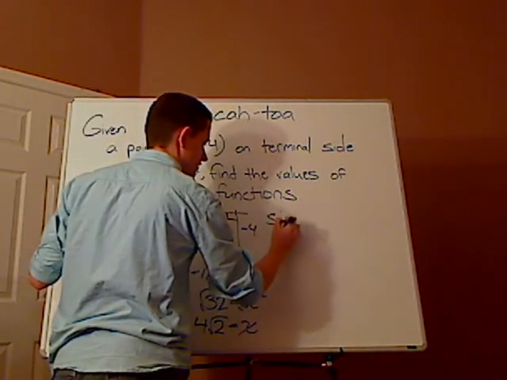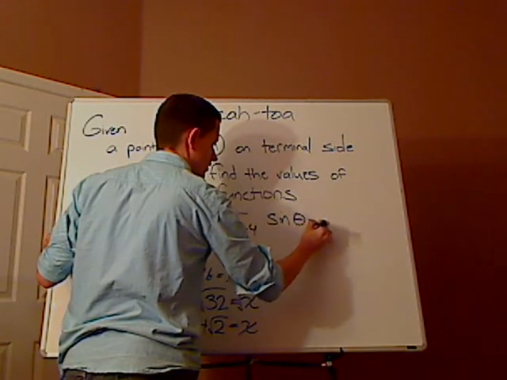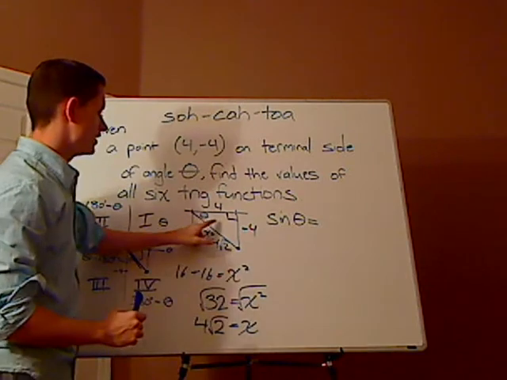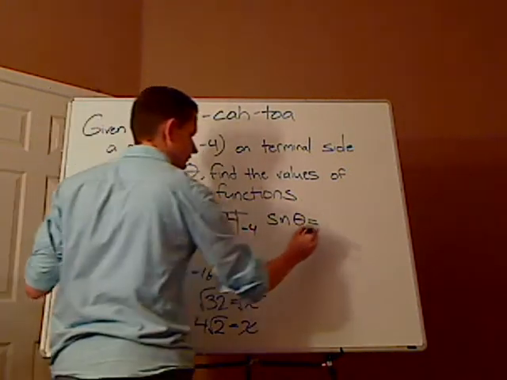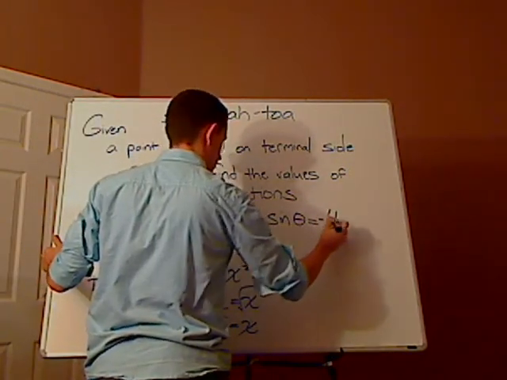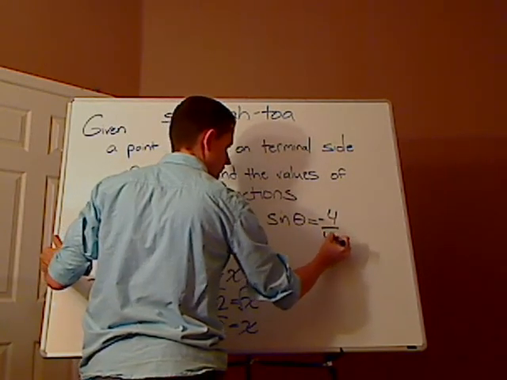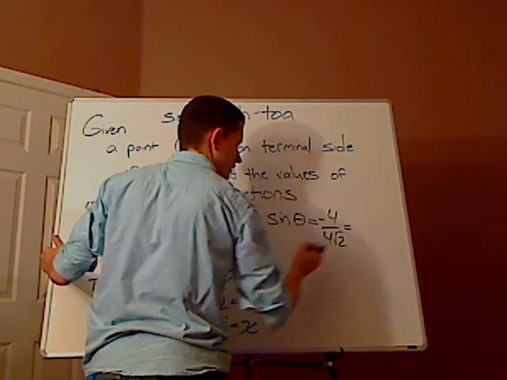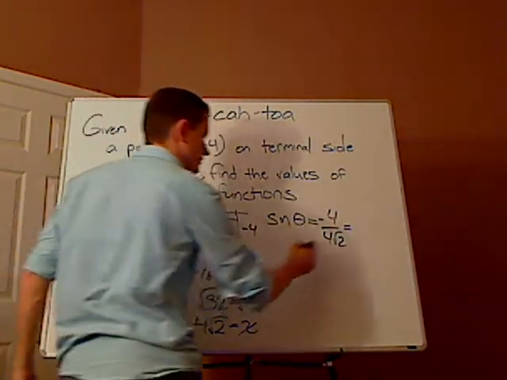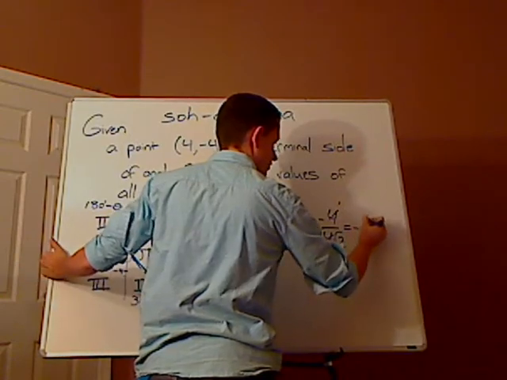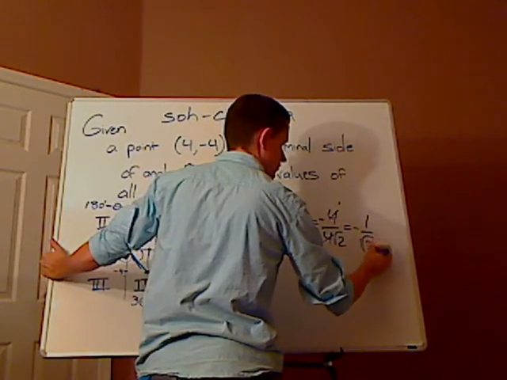So sine theta equals, well, the opposite is -4 over the hypotenuse, which is 4 square root of 2. Now you can simplify that. The 4's cancel out. So you're left with -1 over square root of 2.